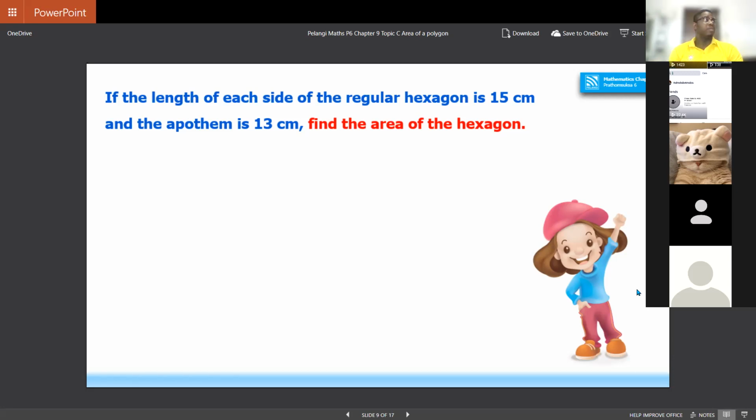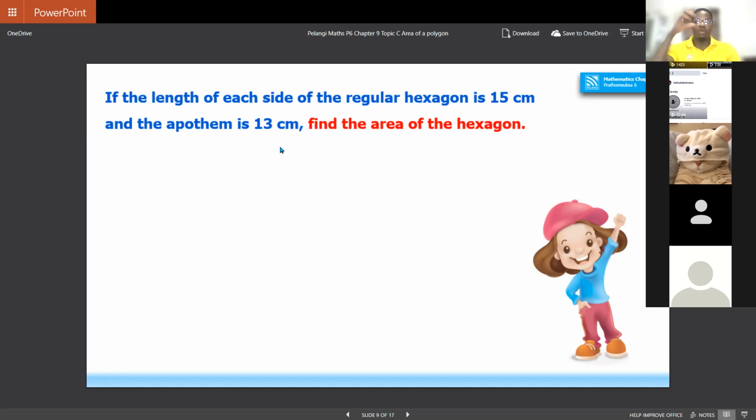Formula 2. Why formula 2? Formula 2 says 1/2 multiplied by perimeter multiplied by apothem. Look at the question here. We do not have perimeter. So which formula would you use again? Formula 1, very good.